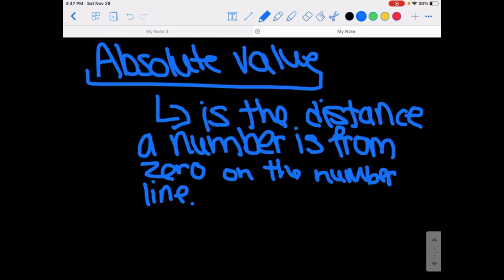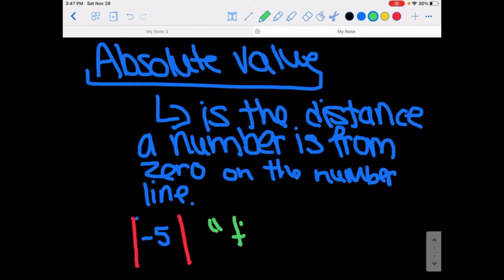So this is how an absolute value would look. You would have two bars, and inside these two bars would be your number. So right here would be -5.